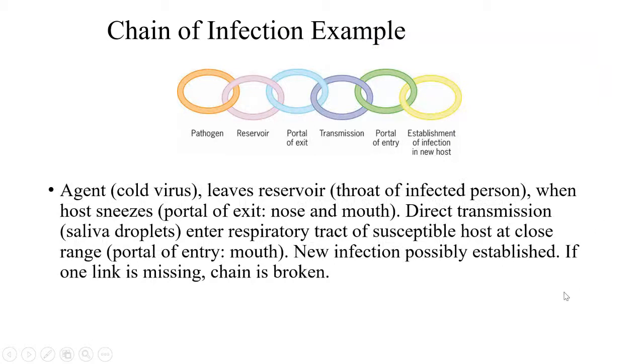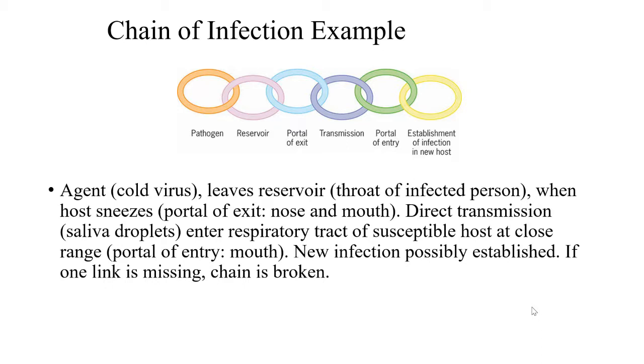So here's just another example of how a communicable disease is spread. So we'll use the example of the cold virus. So the agent, therefore, is the cold virus. It leaves the reservoir of a person. So for this would be the throat of an infected person when the person sneezes. So the portal of exit then would be the nose and the mouth, right? Because when you sneeze, droplets come out.